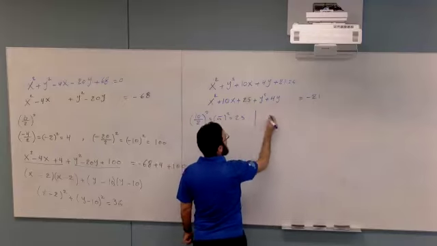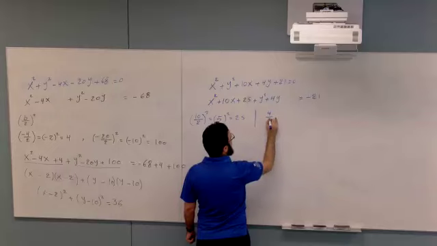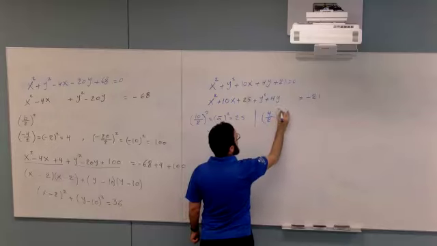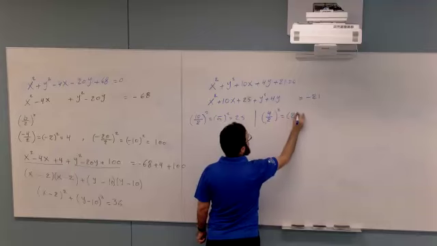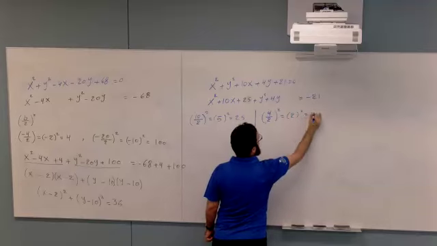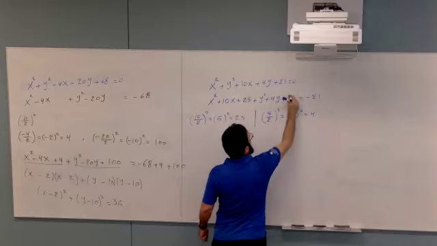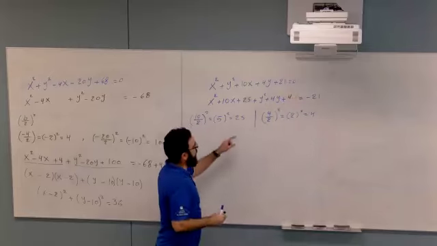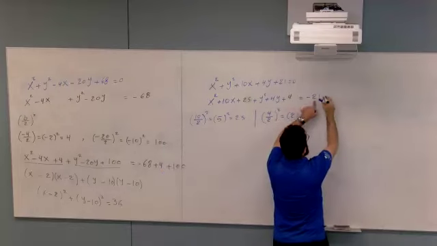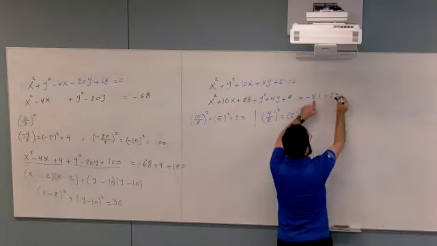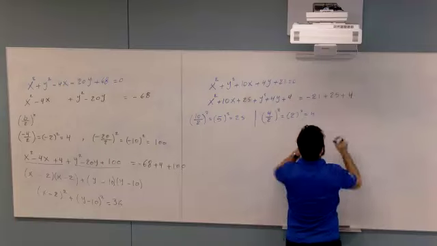Again here, you can say 4 divided by 2 squared, which is 2 squared, which is 4. Add 4 here. And don't forget, you have to add both to the other side: 25 plus 4.